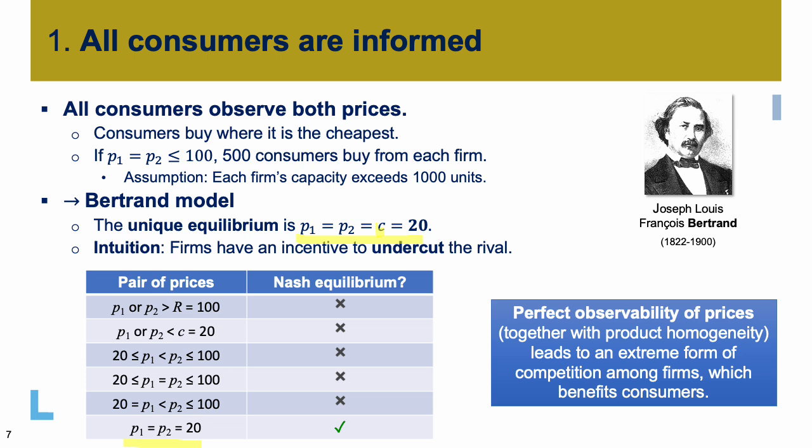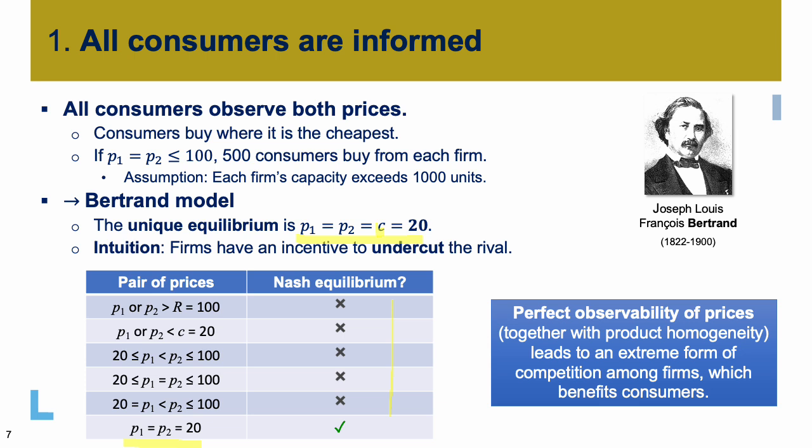You can check in this table that in all the other situations at least one firm has an incentive to deviate and set a different price in order to increase its profit, and because of that, these situations cannot be Nash equilibria.